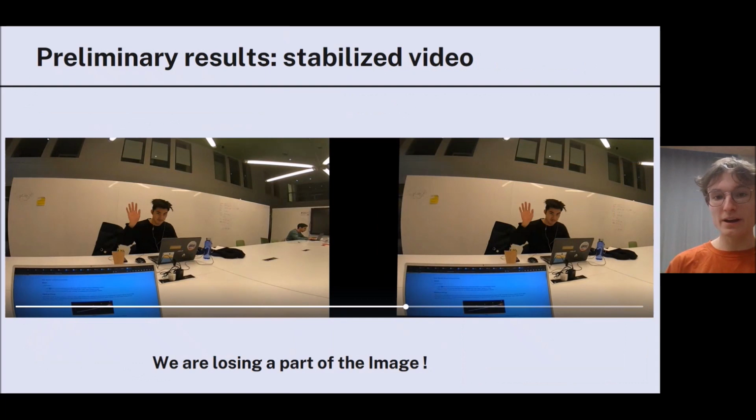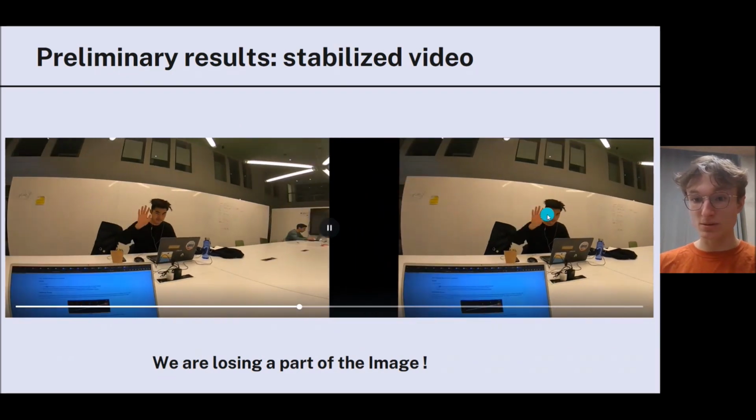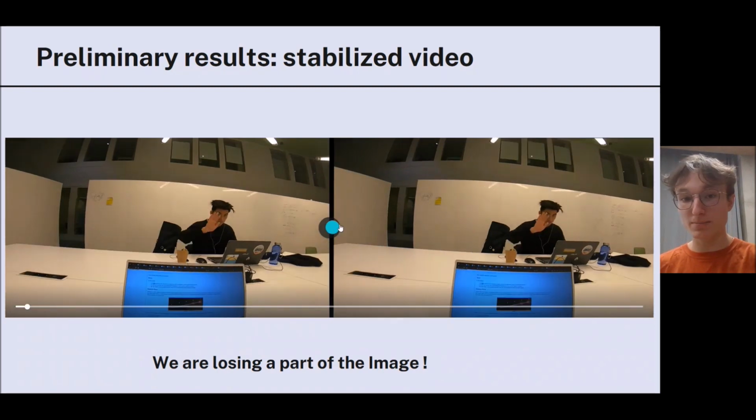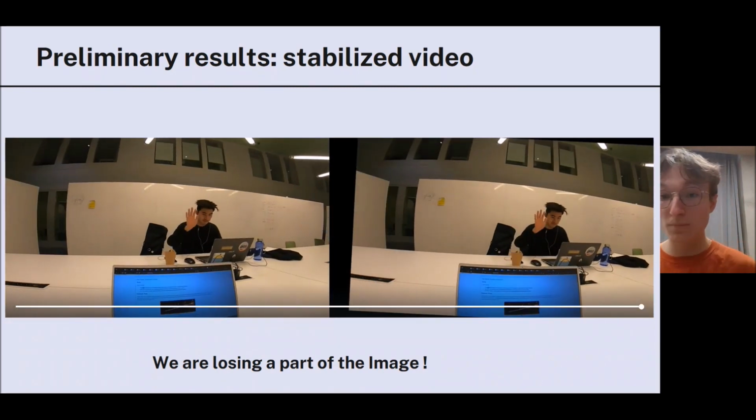With those algorithms, we were able to produce a first version of our stabilization algorithm. We are quite happy with these results because, as you can see, the guy in the center of the left video, which is stabilized, is not moving. The one key issue that we had is that some black parts are appearing. How can we complete the image with some algorithm?